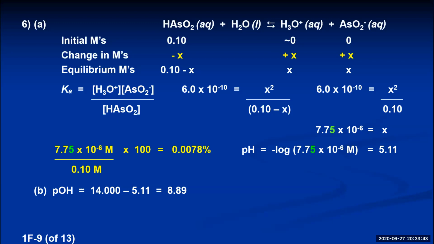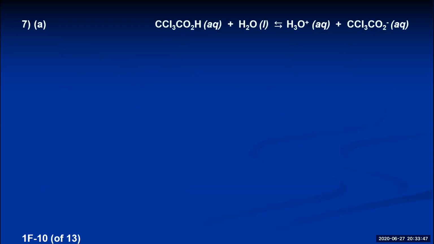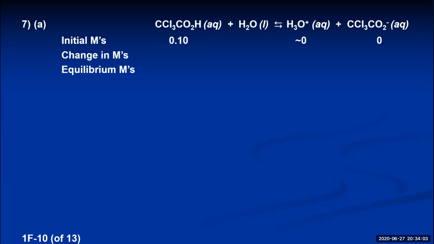So we're going to write the reaction that an acid undergoes when it gets dissolved in water. So the trichloroacetic acid will react with water to form a hydronium ion and then the anion CCl3CO2-. We can write an ICE table to predict the equilibrium molarities.